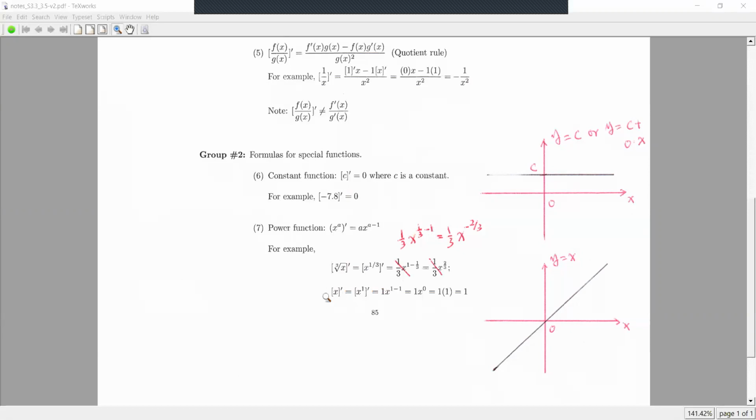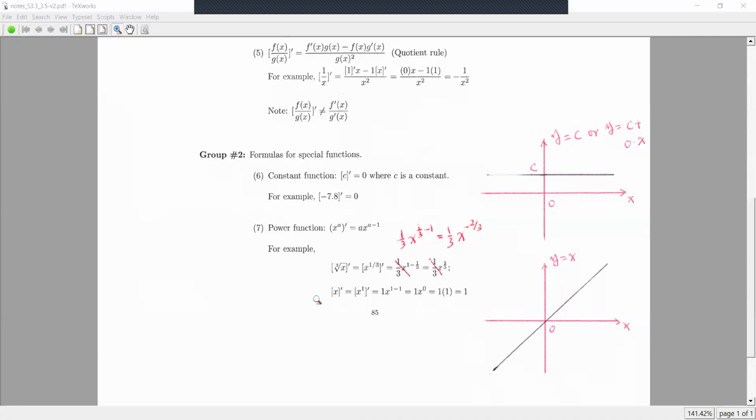Derivative of x, we can view x as a power function, x to 1. Then by this formula, this derivative is 1 times x to 1 minus 1, which is x to 0. x to 0 is 1.